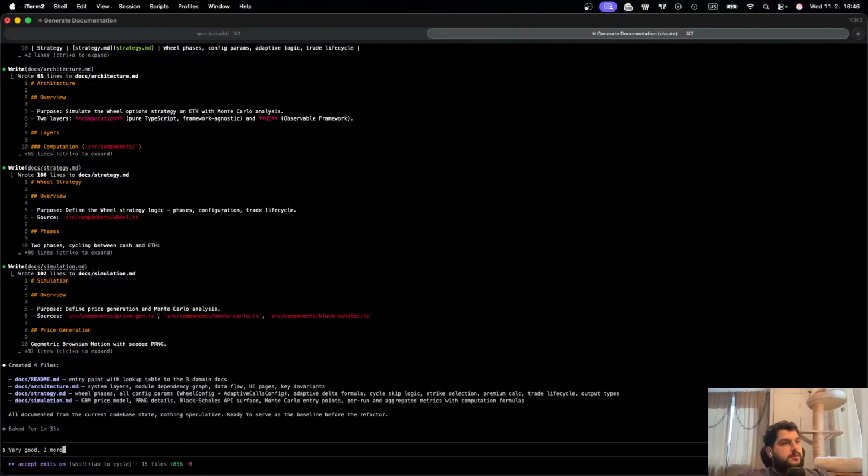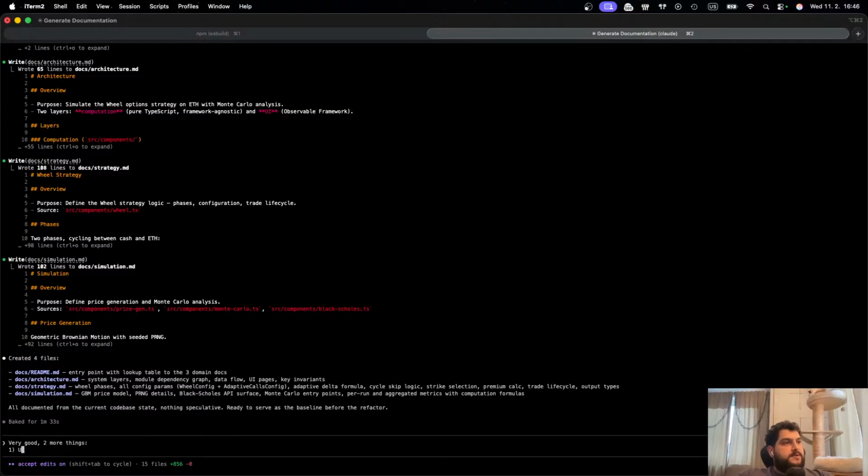Two more things. First, update main readme. Make it meaningful and beautiful, and reference docs there, docs readme there.